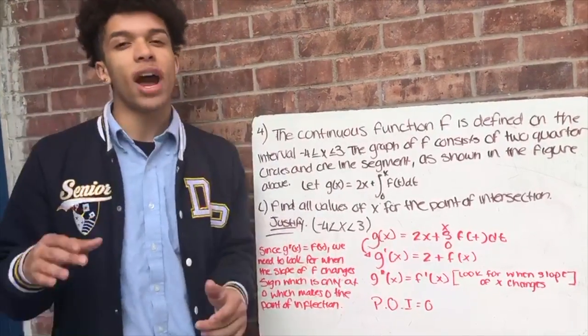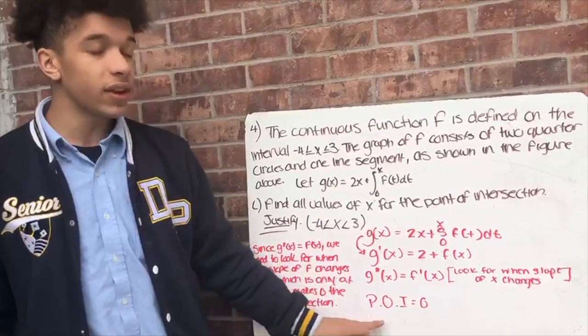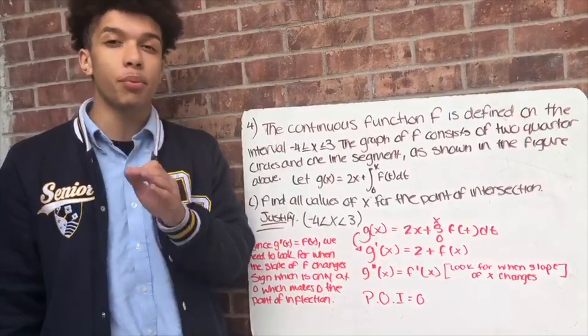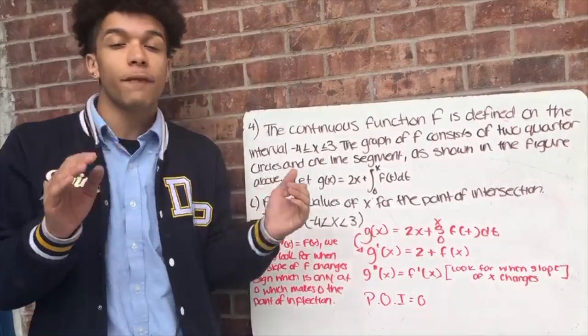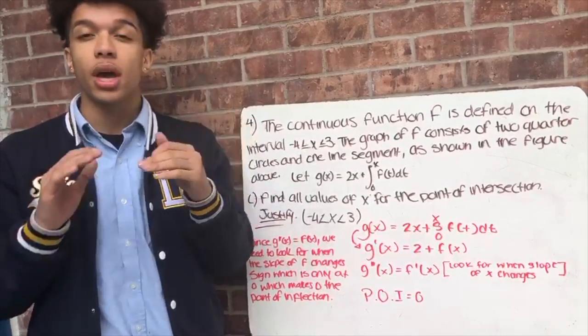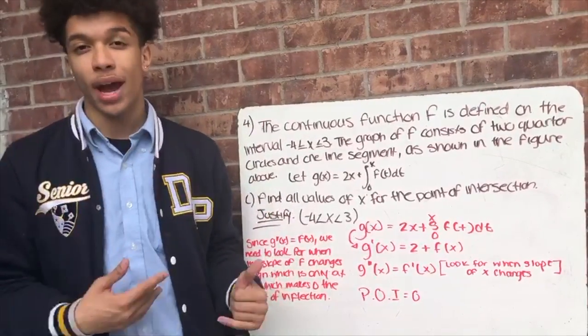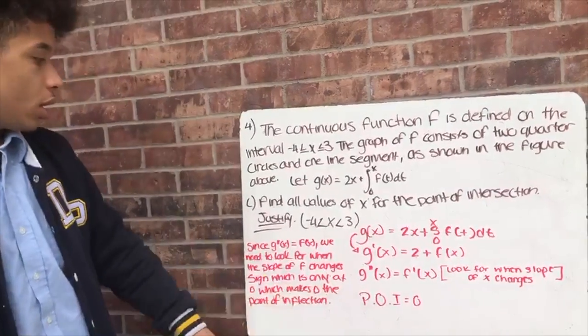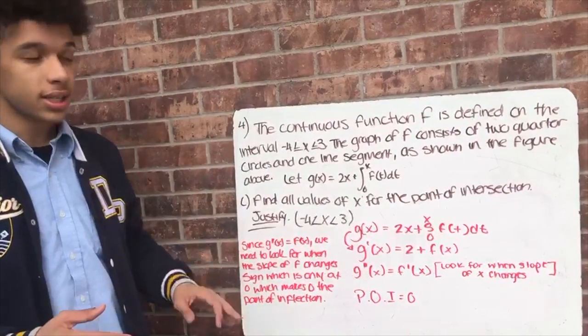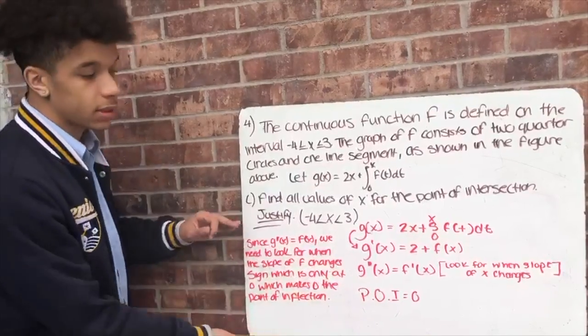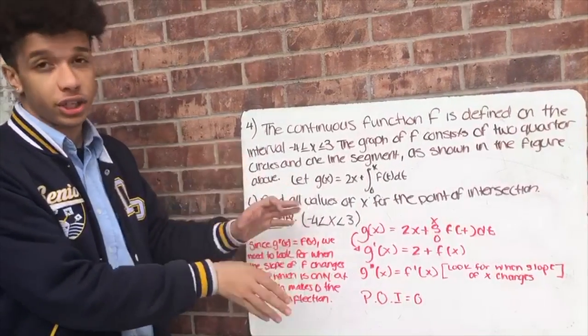So going on the graph to look at that, we know that the point of inflection is at 0 because that's the only point where the slope actually changes from a positive slope to a negative slope. Anywhere else on the graph, there is no actual change like that. So since we found this point, we just have to explain what I literally just said.